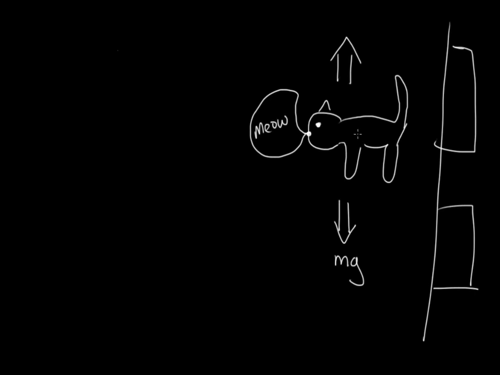Now, when it starts going fast enough, this air resistance force is actually equal to the weight force. So at that point, when the air resistance is equal to the weight force, it stops accelerating, which means that this cat actually starts to fall at a constant velocity.